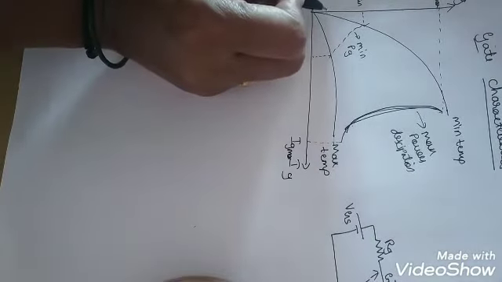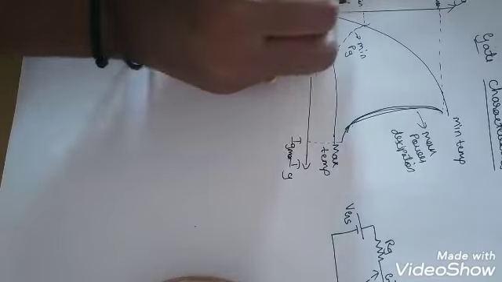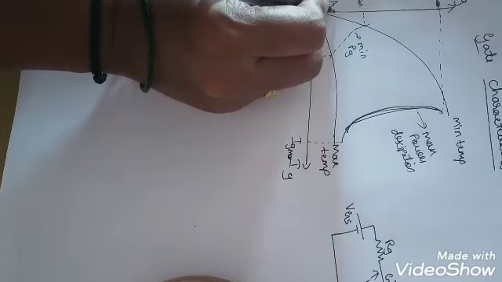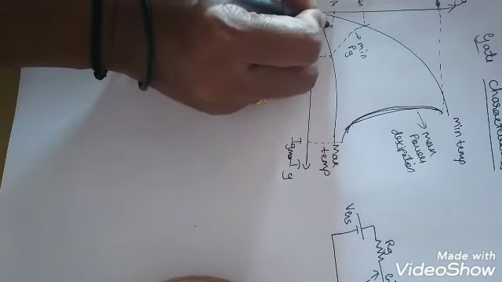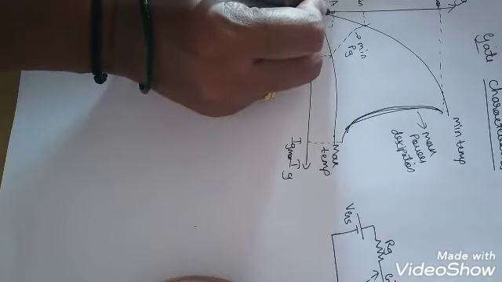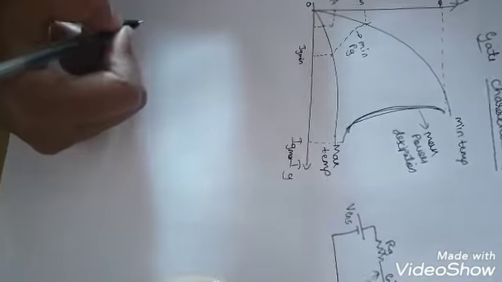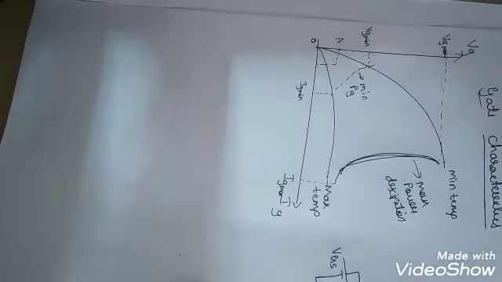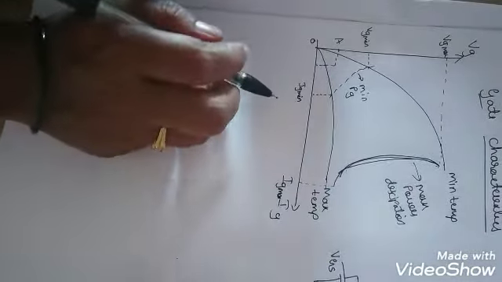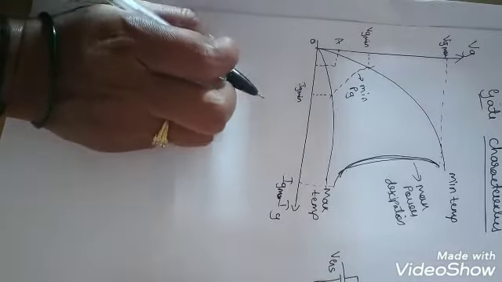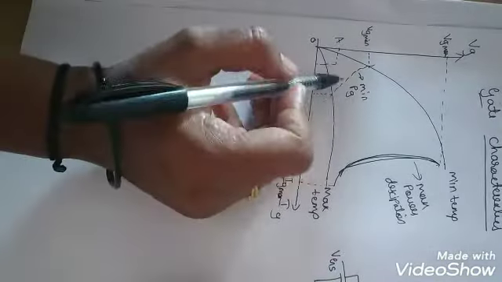Now consider a point A over here. If we operate SCR in this region, then it won't turn on, because the minimum as well as the maximum value within which we need to apply the gate voltage as well as gate current should be within this range.